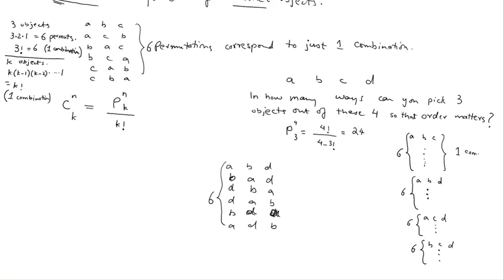For me, it's a combination of A, B, C. But these 6 permutations are not a combination of A, B, C. They are a combination of A, B, and D. For me, it's a different combination. For me, all 6 orderings of A, C, and D, when order does not matter, is just one combination of A, C, and D. Similarly, one combination.